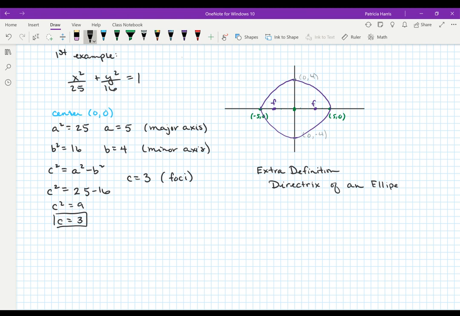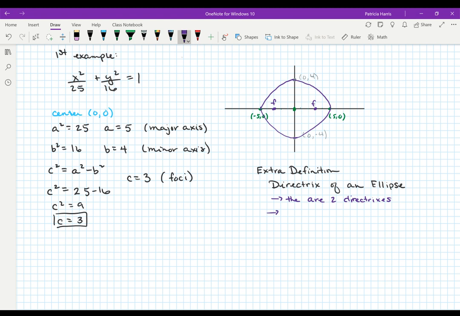All right. The thing to know about the directrix of an ellipse is there are 2 of them. I don't know how to spell the plural of directrix. Okay. So we're going to use the letter D for that.